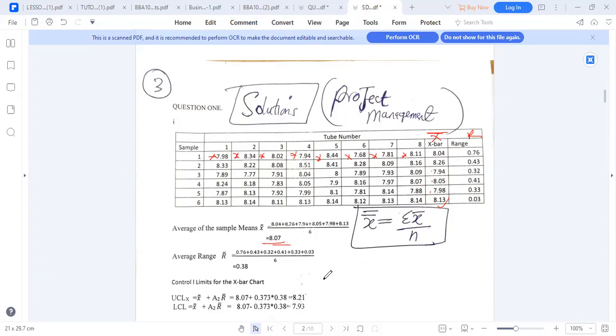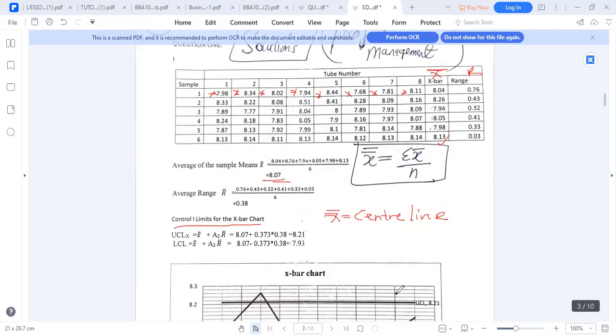So when getting down to the control charts, the X bar 2, 8.07, is the center line. So this is our center line. Then what else?